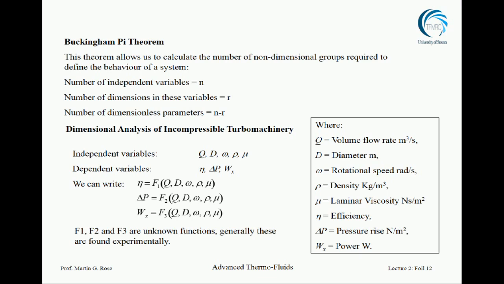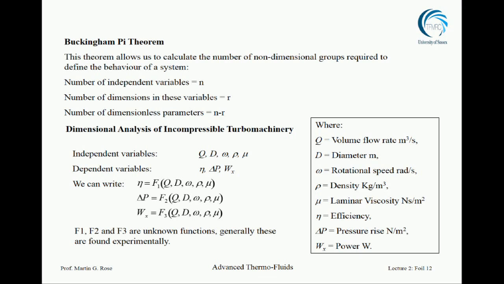We have the volume flow rate, the diameter of the impeller, the rotational speed of the impeller, the density of the water, and the viscosity of the water. Those are the 5 variables. I don't really think there are any others. That ties it down. It gives you all you need to know about any given design. On the right here in a box, each of those variables is defined.